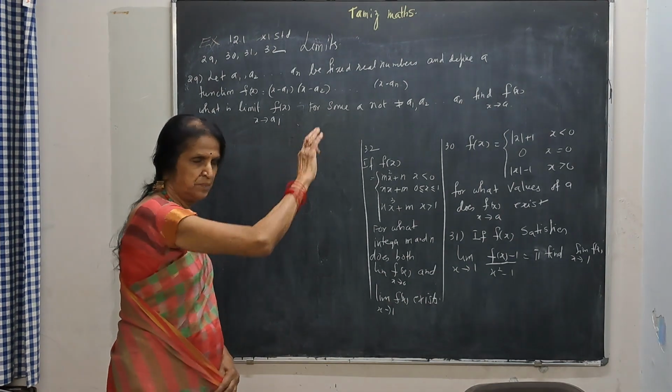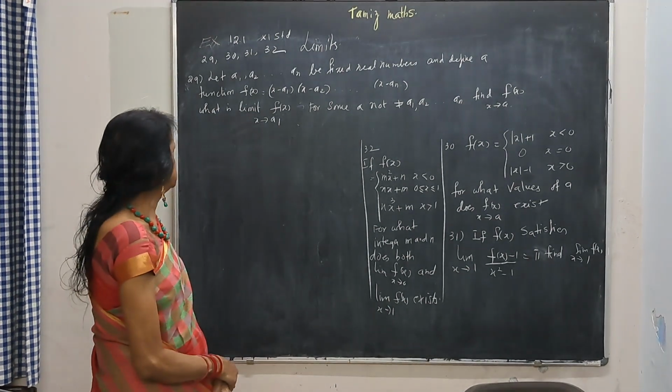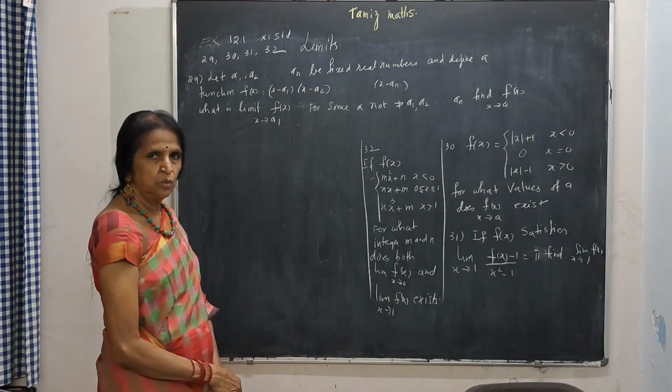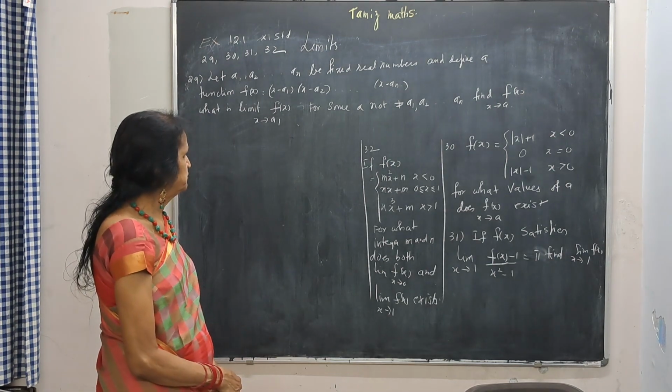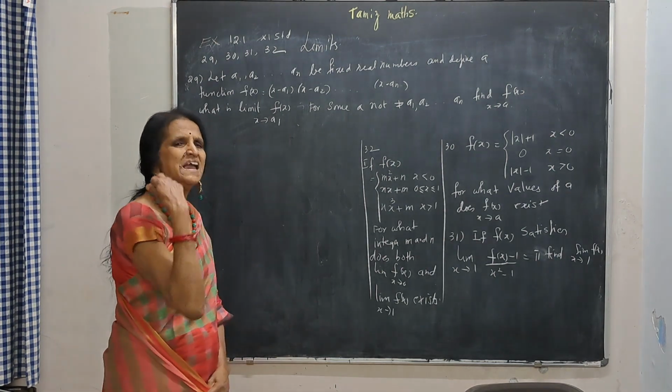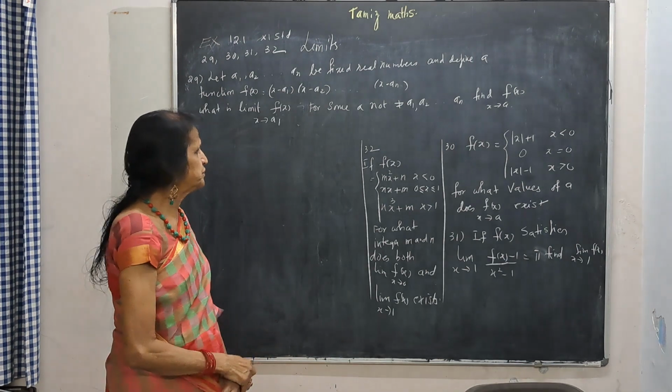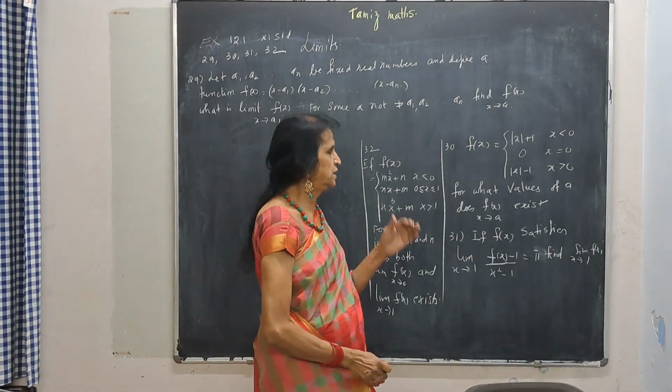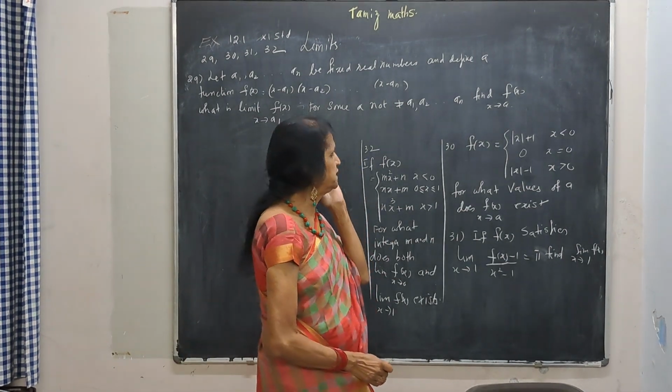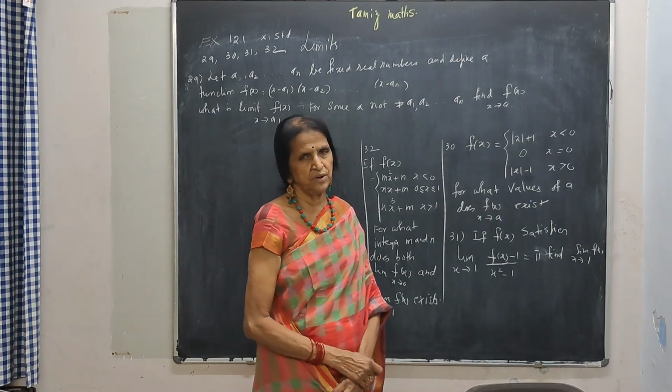Of course, so many brackets will be there. What is the limit of f(x) when x tends to a1? And for some a which is not equal to a1, a2, an, what will be the limit of f(x) as x tends to a?